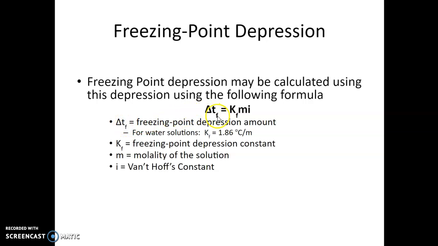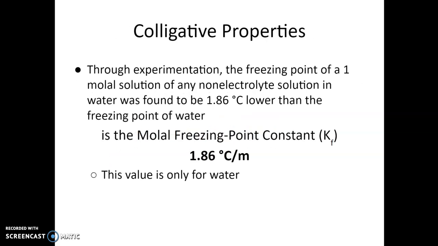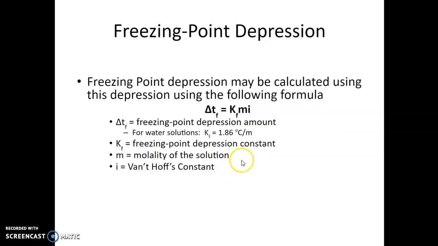So the change of the freezing point temperature is equal to K_f, which is the freezing point depression constant. That's the constant for our solvent. For the solvent of water, we just learned that it was 1.86. That's written right here again.